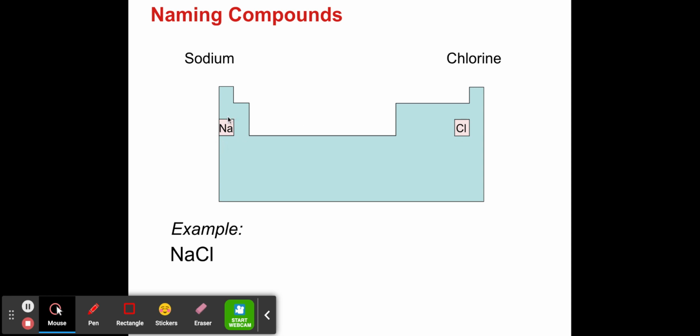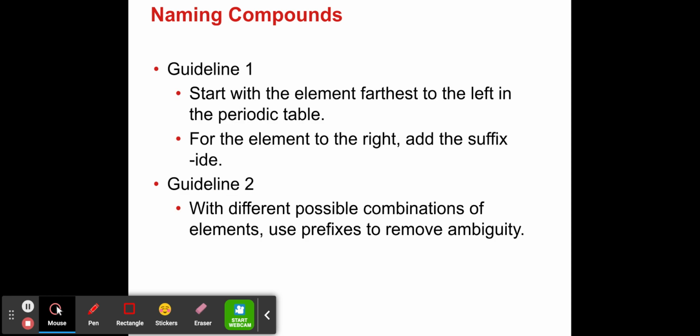So sodium is to the left, and so the name sodium is going to come first. And then instead of writing chlorine, you get rid of the INE at the end of chlorine and you replace it with IDE. And so the name is going to be sodium chloride. So sodium chloride is the name of this compound right here.